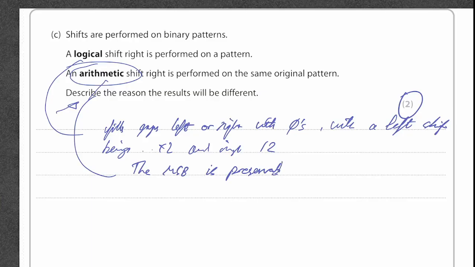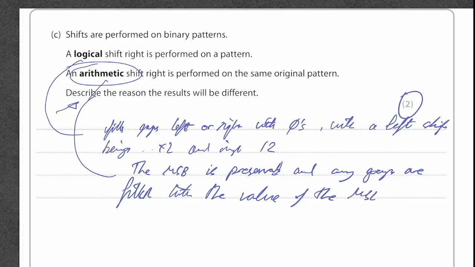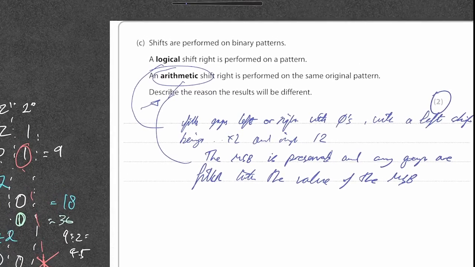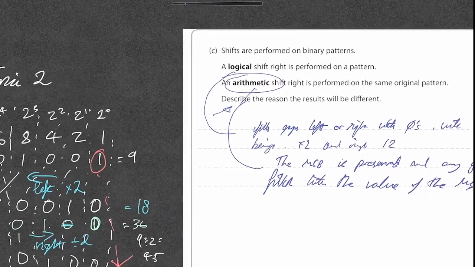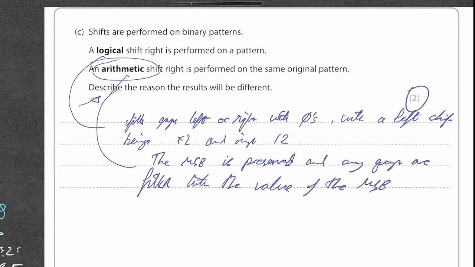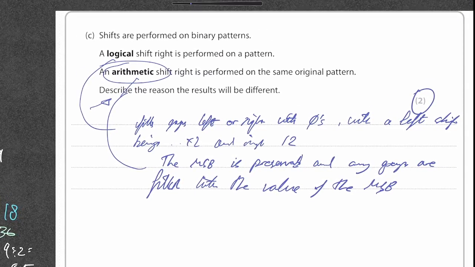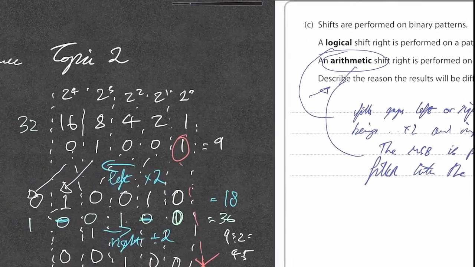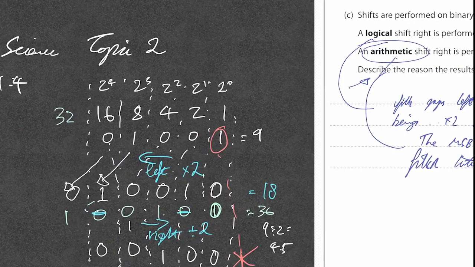Is preserved, and any gaps are filled with the value of the MSB. It should be noted, if you had a positive number and did an arithmetic right shift, you would just have zeros and it'd be fine. You can fill with zeros. But 9.5 times out of 10 arithmetic right shifts are going to give you that 1 on the left hand side, because it's really to do with signed integers.